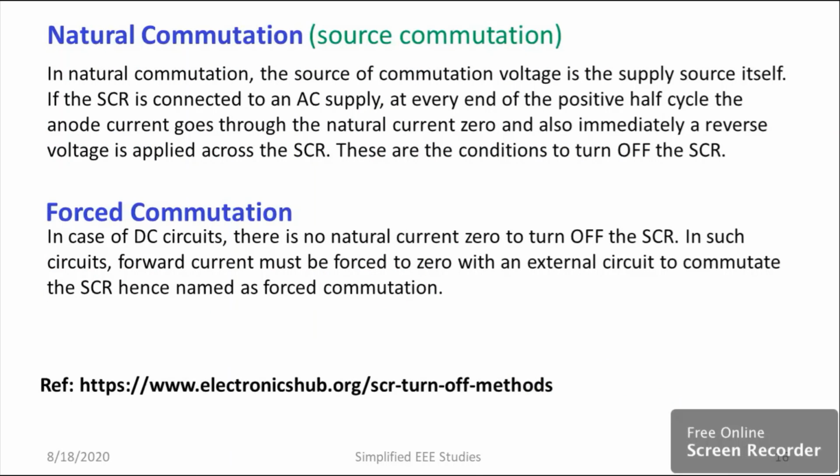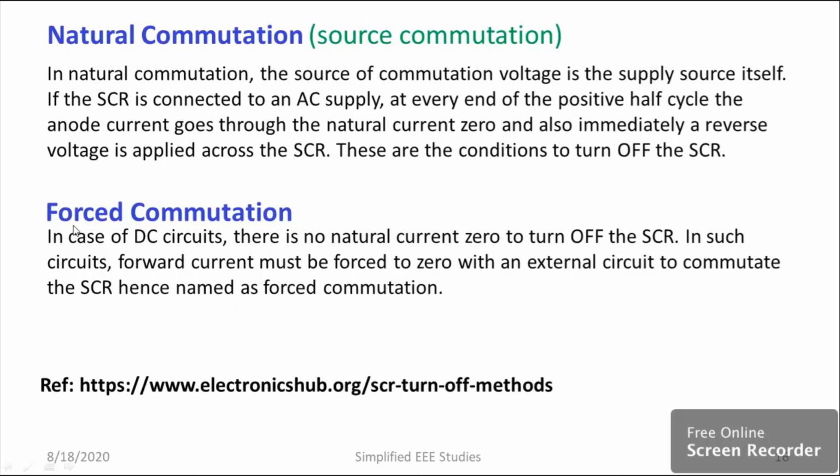So I have made a difference between natural commutation and forced commutation. Natural commutation is also known as source commutation, or you can call it line commutation, which is available in our option. Here we do not require any external element or external method to turn off the SCR.